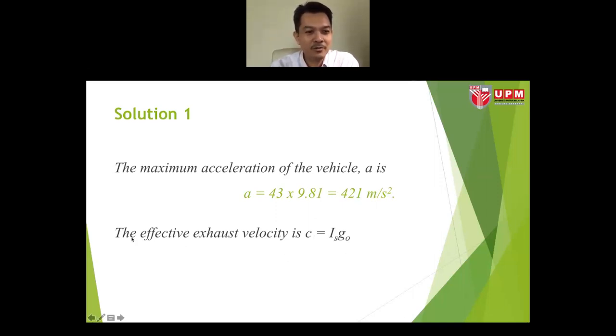So let us continue to find the effective exhaust velocity. Effective exhaust velocity c is equal to the specific impulse times the gravitational acceleration. So you will get the value of the exhaust velocity that comes out from the rocket.